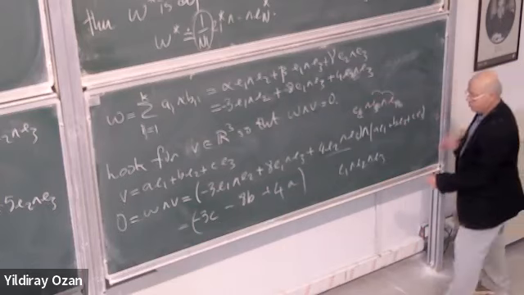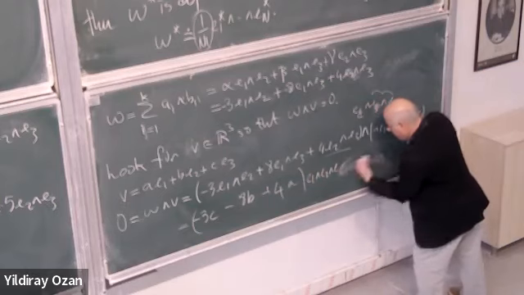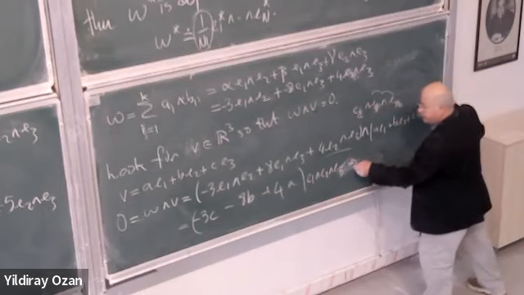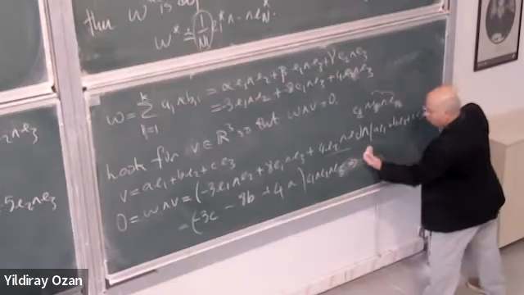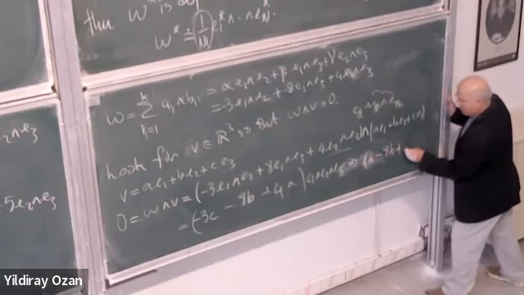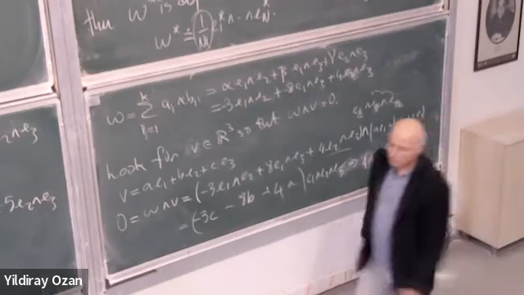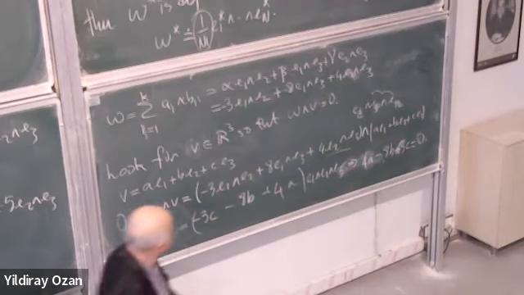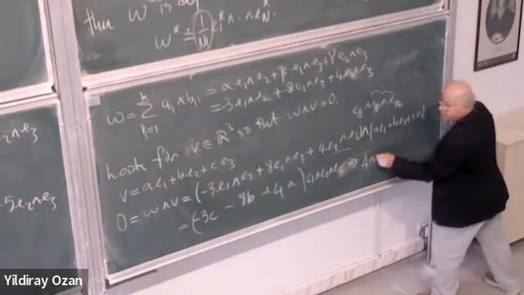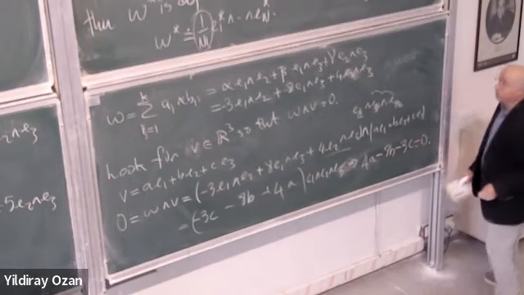Now for this to be 0, E1 wedge E2 wedge E3 is not the 0 vector. This implies what? 4A minus 8B minus 3C is equal to 0, right? Şunu daha güzelce yazayım. Four A minus 8B minus 3C should be 0.